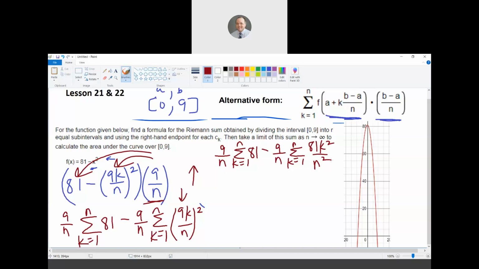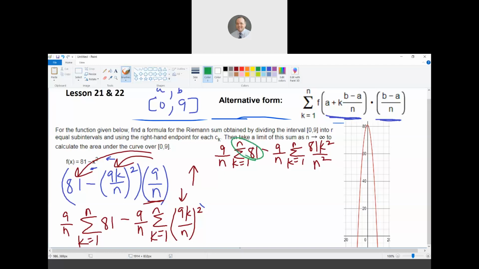Now, the 81 in the first summation, I'm going to bring it out to the front. Let's see, I'm trying to figure out what happens here. There is a summation rule that I did not show y'all.